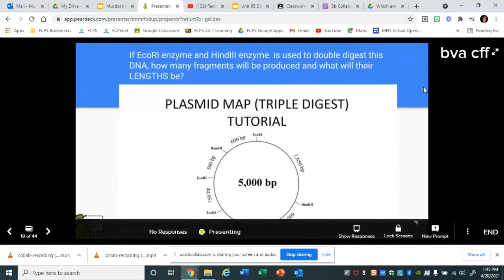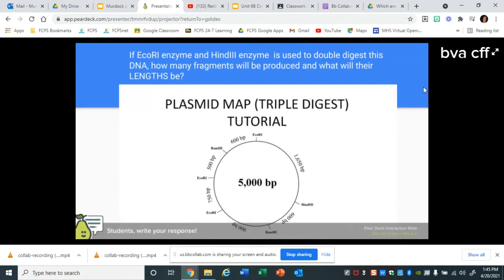All right, what if it's only a double digest? EcoRI and HindIII. Now, not only how many fragments will be produced, but how long will each one be? So BamHI is not being used, but the other 2 are. Let's see what you can do with that.